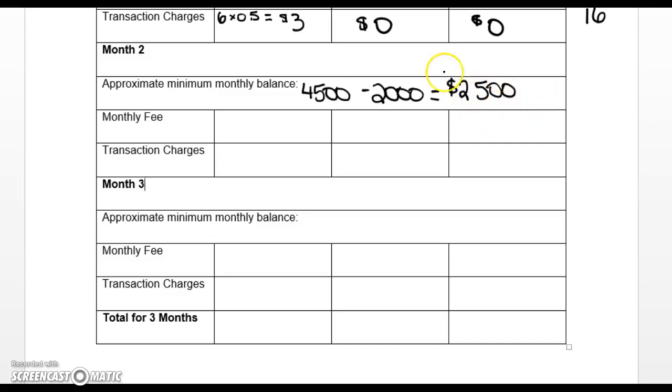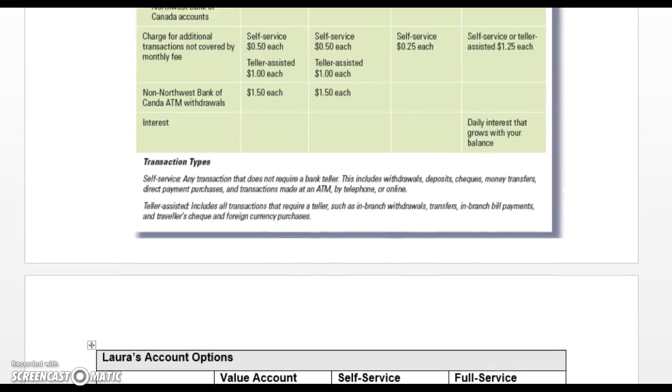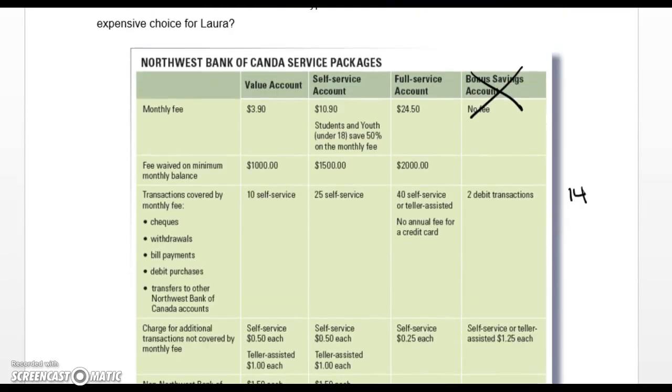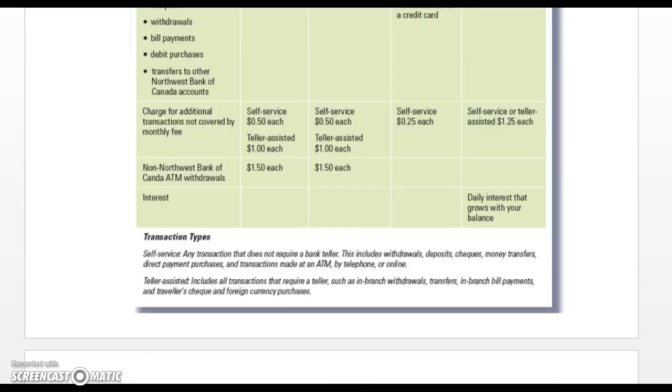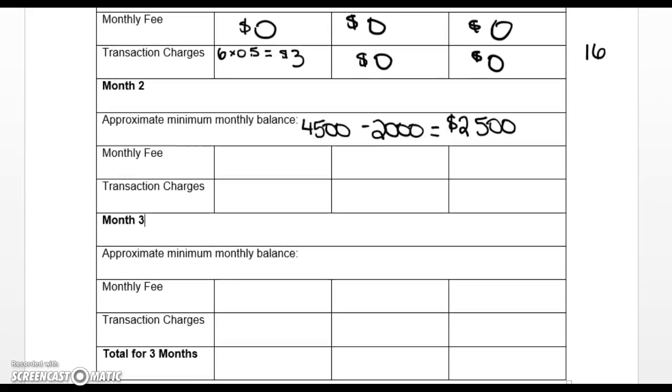She has $2,500 right now in her account. Looking at her totals here again, her $2,500 is over all three of these amounts, so she would never actually pay that monthly fee for that month. So we're at $0, $0, and $0.